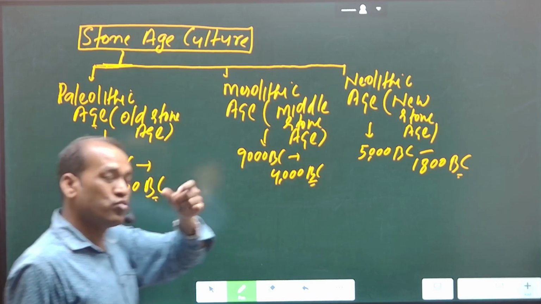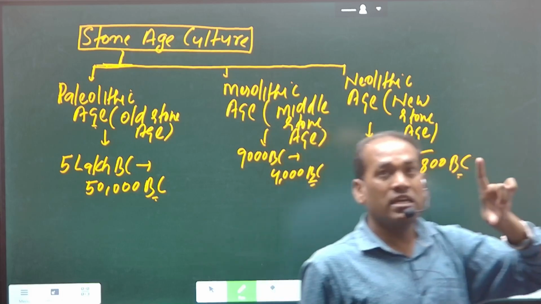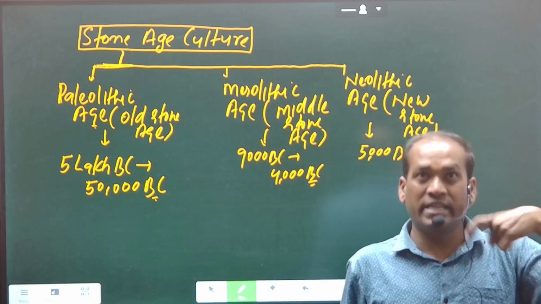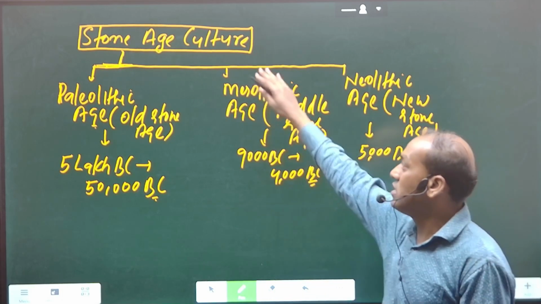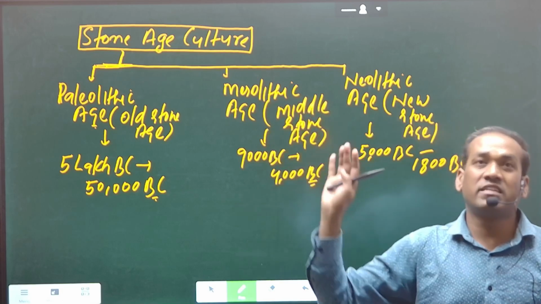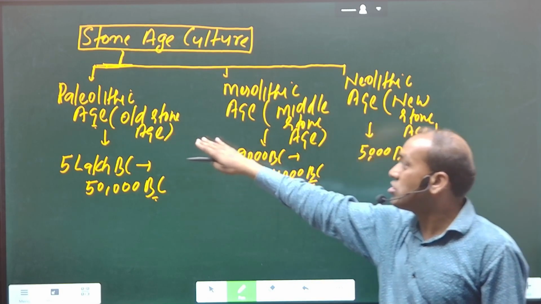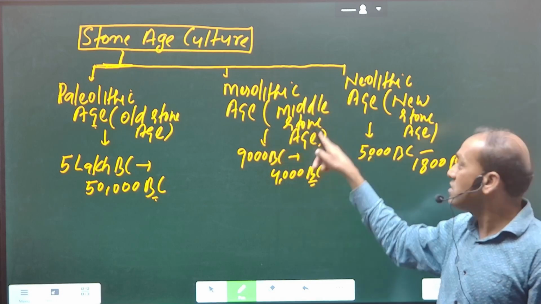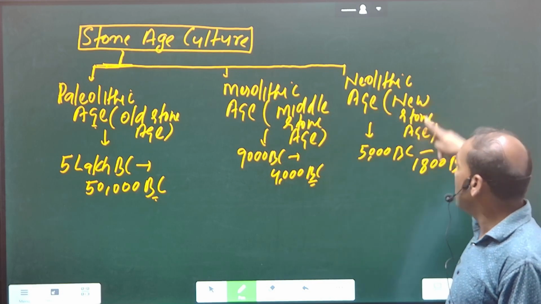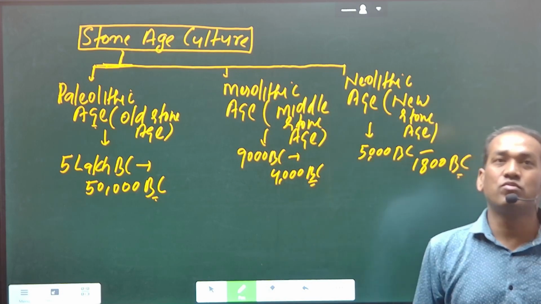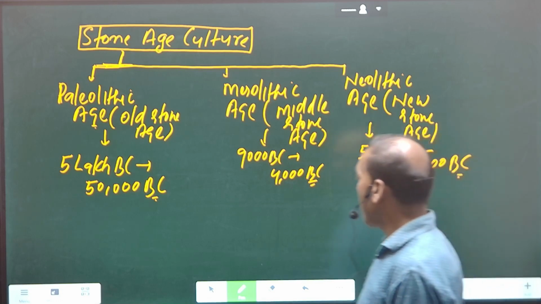In order to make detailed study of this Stone Age culture, this is divided into three main parts. First is Paleolithic age, Old Stone Age, Mesolithic age, Middle Stone Age, Neolithic age, New Stone Age.